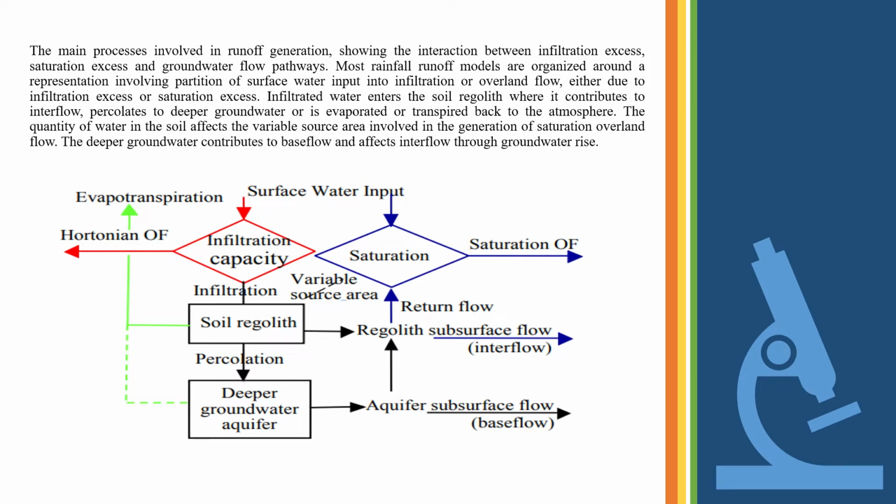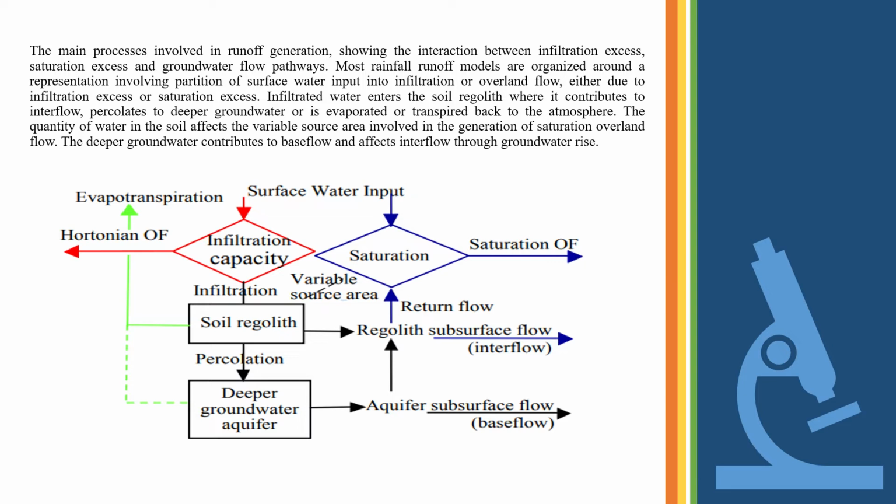and groundwater flow pathways. Most rainfall runoff models are organized around a representation involving partition of surface water input into infiltration or overland flow, either due to infiltration excess or saturation excess.